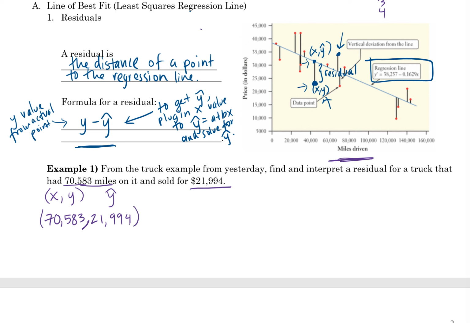There we go. So now I have x, I have y. I just now need to find y hat because I need y hat in order to calculate a residual. According to the regression equation, y hat is equal to 38,257 minus 0.1629 times x. So I have x, it's right here. So I'm going to plug in that x value to get my y hat.